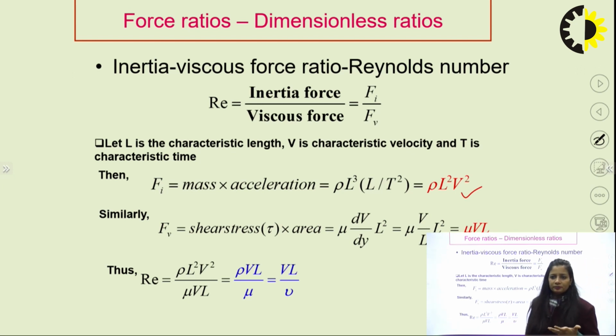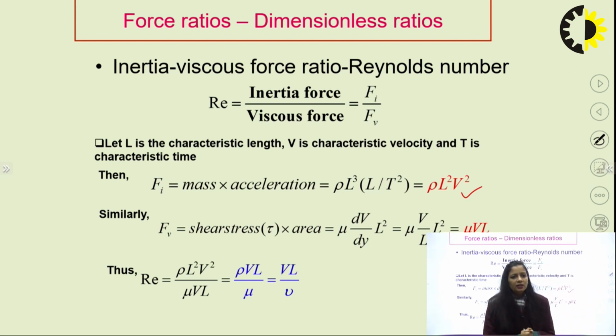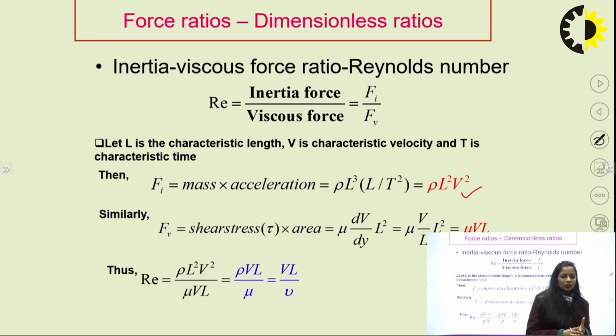Okay. We know very well that whenever we are going to talk about a fluid flow phenomena, if there is viscosity involved in fluid layers, okay, we say that because viscosity is involved, so there must be a velocity gradient. Because velocity gradient is there, that means shear stress must be there.